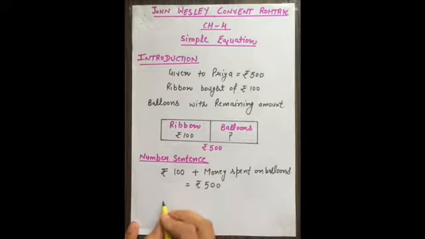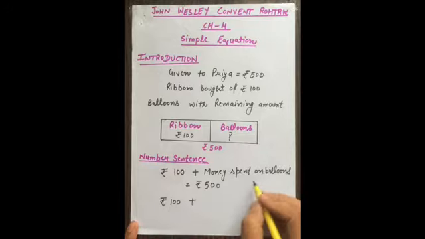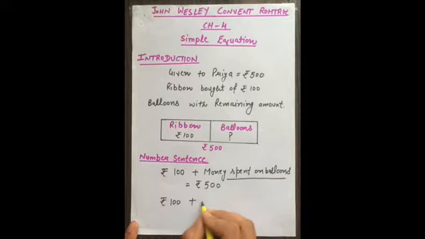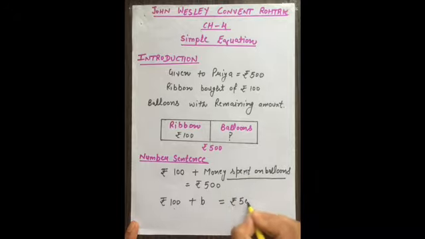Now, if we write the money spent on balloons as the letter B, then rupees 100 plus B, that is money spent on balloon, is equal to rupees 500. Here the letter B is known as variable.